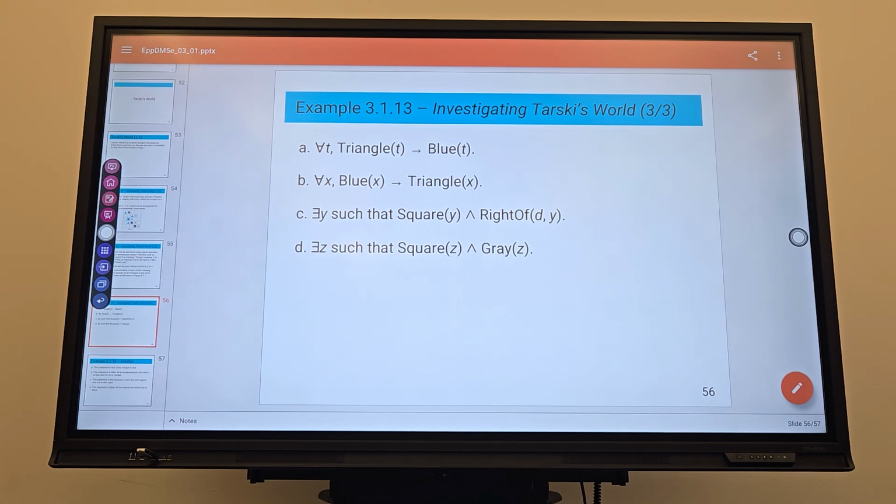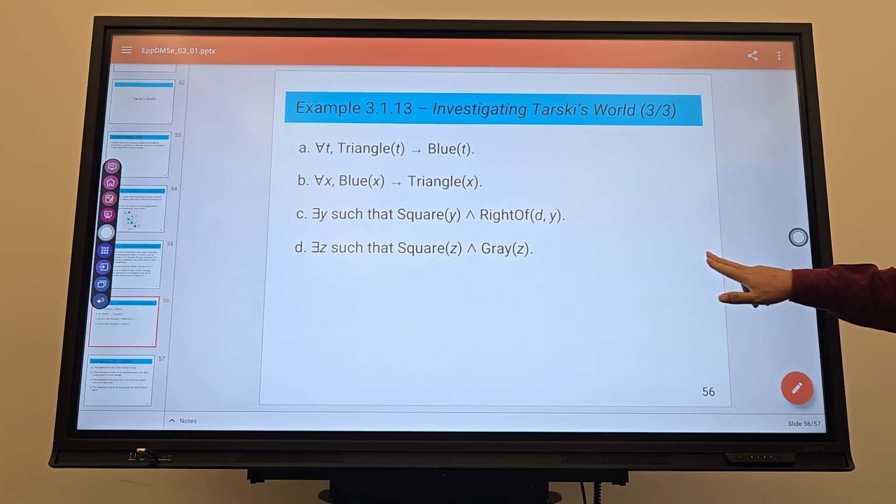For all T, triangle T is blue. Or if T is a triangle, T is blue. For all x, if x is blue, then x is a triangle. There exists a y such that y is a square and d is to the right of y, and so on.